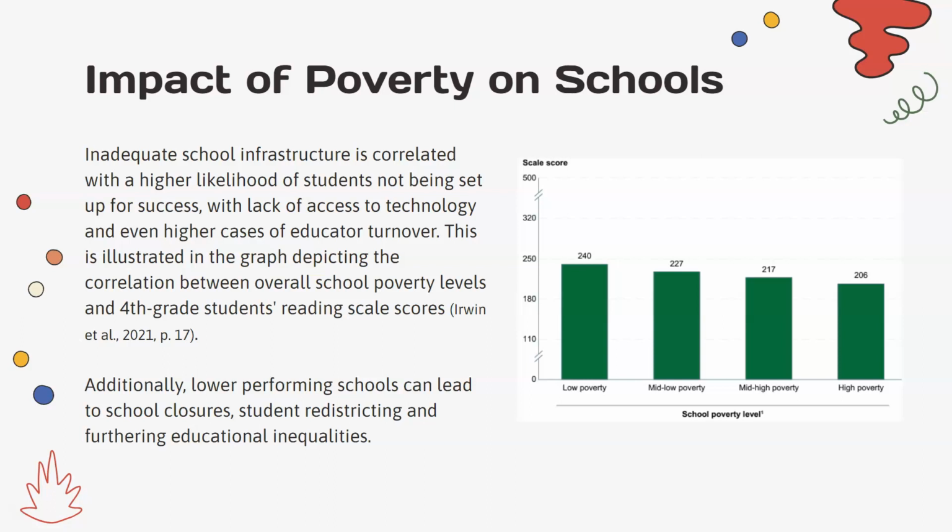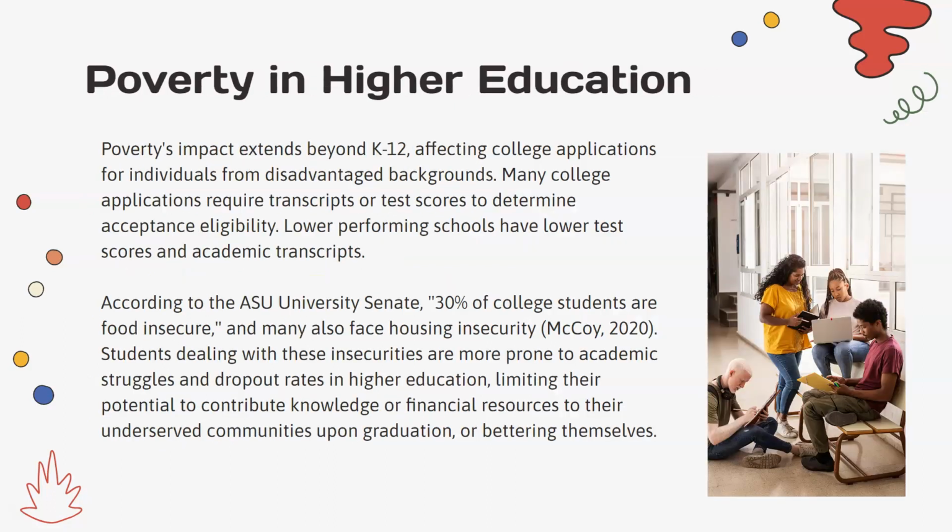As we see here in this chart on the right-hand side, established by the National Center for Educational Statistics, this graph illustrates essentially a correlation between overall school poverty levels and reading comprehension scores. As we can see, the higher the poverty rate a school is scored, the lower the reading scores, impacting the student's overall education. Additionally, lower performing schools can lead to school closures and redistricting, furthering educational inequalities.